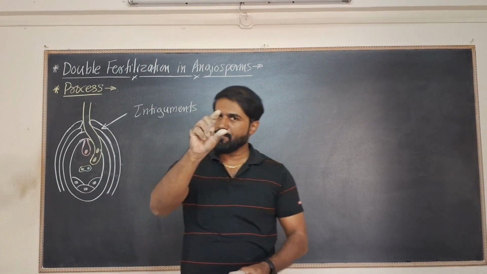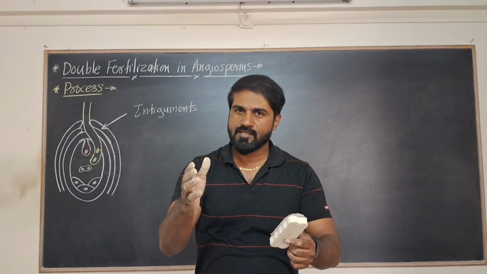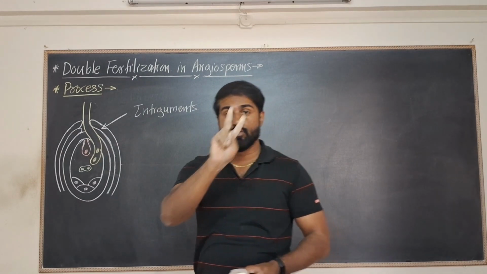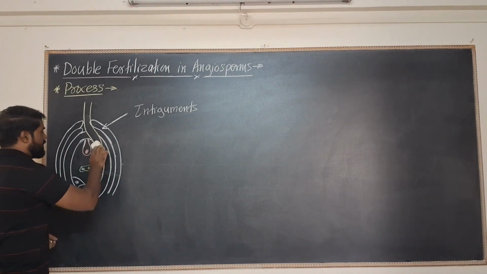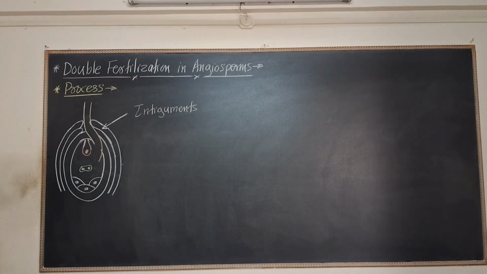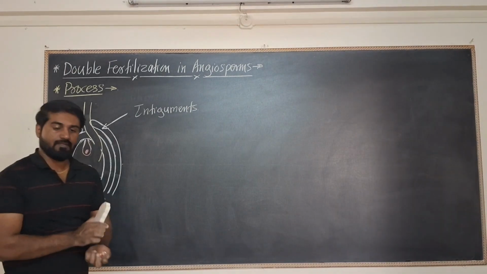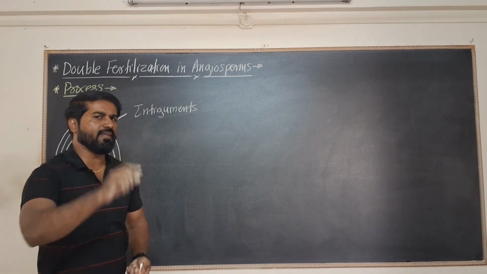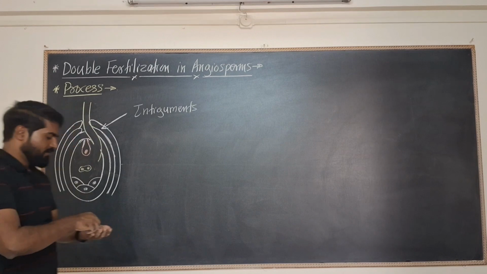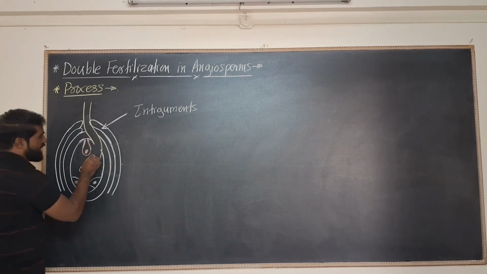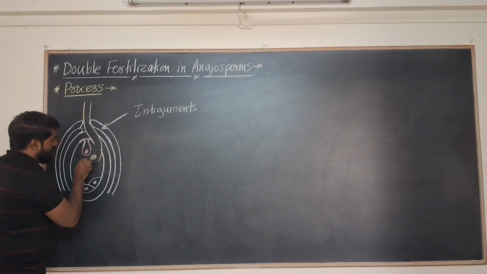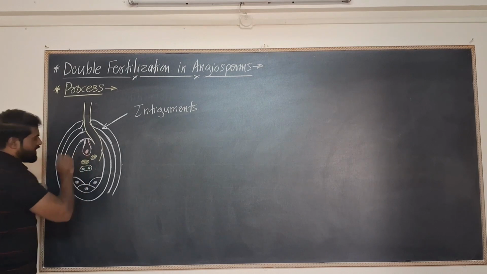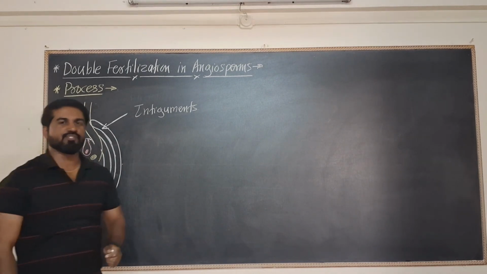That means the tip of the pollen tube ruptures and it releases two male gametes inside the embryo sac. Now here is the confusing state that there is only one female gamete, that is egg cell, but two male gametes are released by the pollen tube. Now what is going to happen with these two male gametes? It is the point of interest.